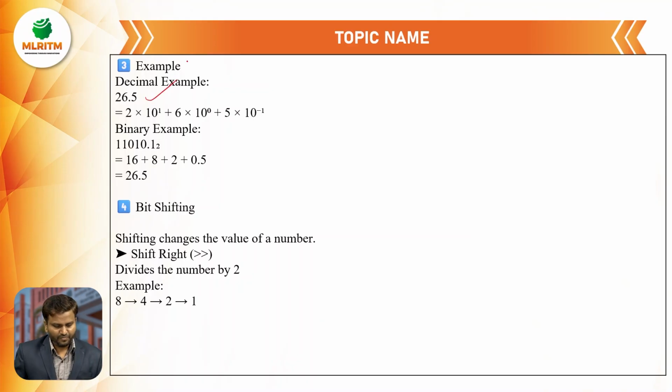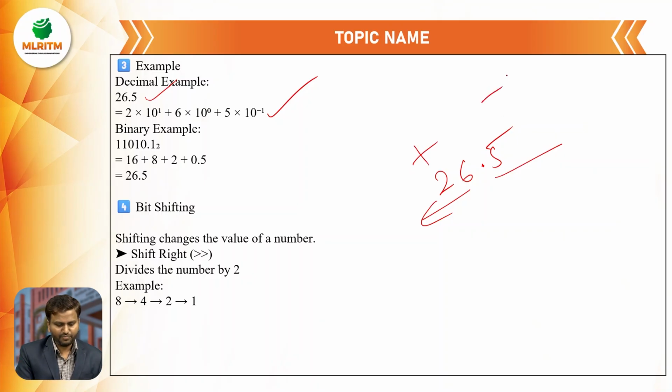It is expanded as 2 into 10 power 1, plus 6 into 10 power 0, plus 5 into 10 power minus 1. 2 into 10 power 1 is 20, plus 6 makes 26, and 5 into 10 power minus 1 is 0.5, so the total is 26.5.